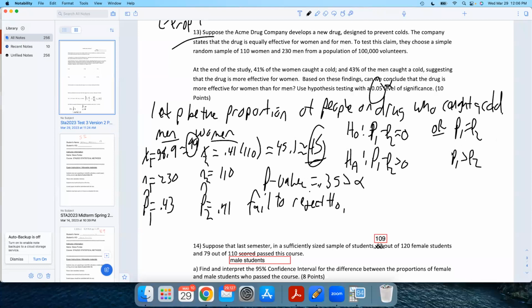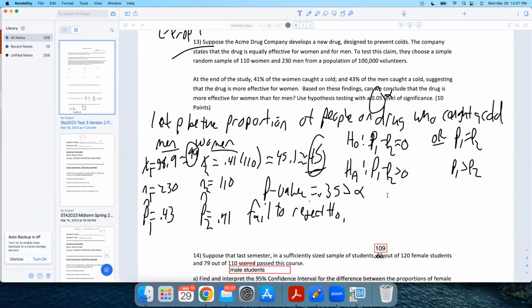Okay, remember, we're always going to write out the alternative. Every time, we're always going to write it. We're either going to say we do or we don't have strong evidence for this line right here. In this case, we don't have strong evidence. When you fail to reject the null, you don't accept anything. So we would say here, we do not have strong evidence that the proportion of men on the drug who caught a cold is more than the proportion of women.